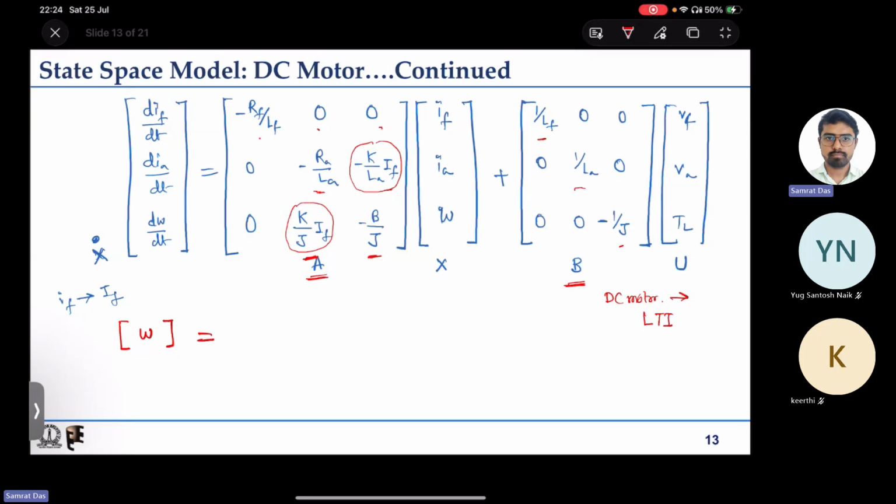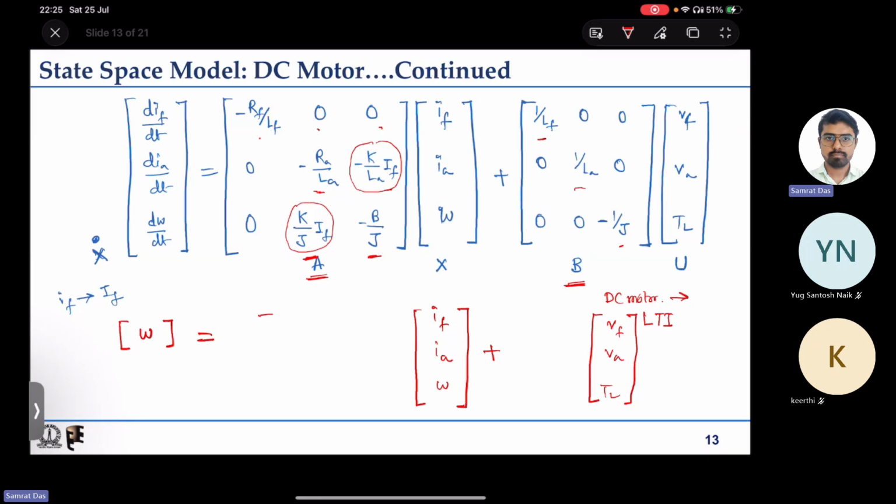We'll have some C matrix, and this multiplies our state vector ia, omega, plus we will have some D matrix, and we have the three inputs Vf, Va and TL. Now omega, you can see that it is directly a state variable. It does not depend on any other state variable, and it does not depend on any of the inputs.